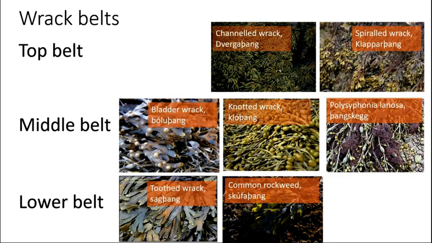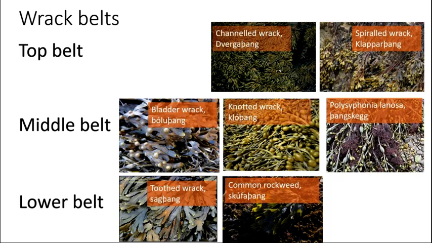And the bladders are filled with gas, which help the wrack to stand up while it is submerged. So the air-filled balloons, or the bladders, they lift the wrack up so they can get closer to the sunlight in order to photosynthesize, just like plants do on land. And the lower belt is dominated by toothed wrack and the common rockweed.